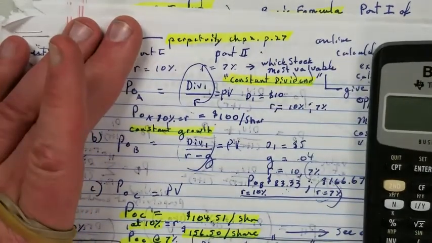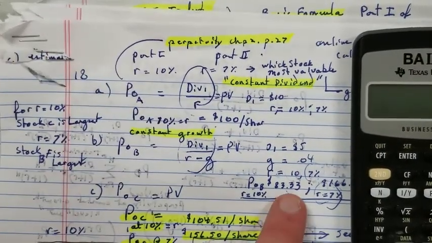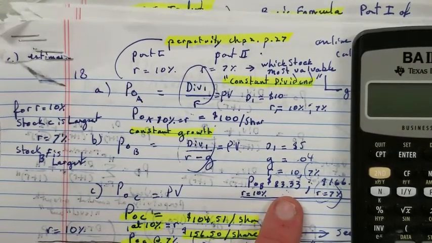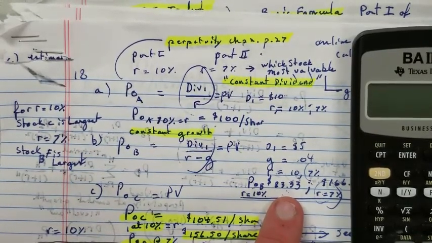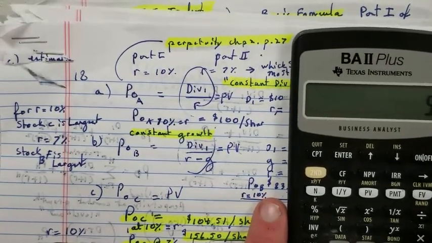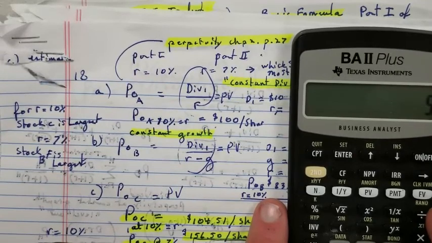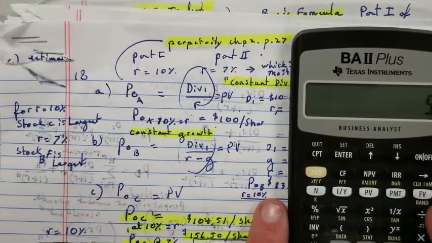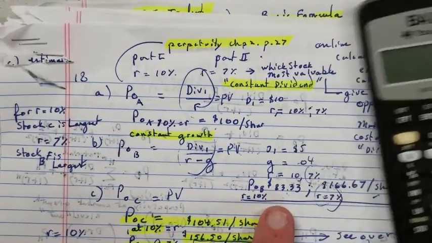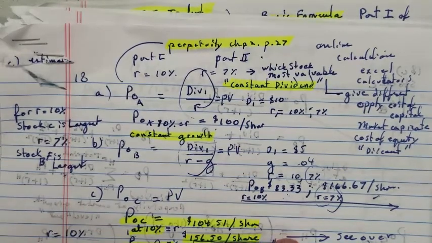I'll use this one right here just to verify. Because I've done these already, we've got $5, and I'll do the 10. So divided by 0.10 minus 0.04, that's 6%, divided by 0.06 equals $83.33. That's where we get that, and I rounded.